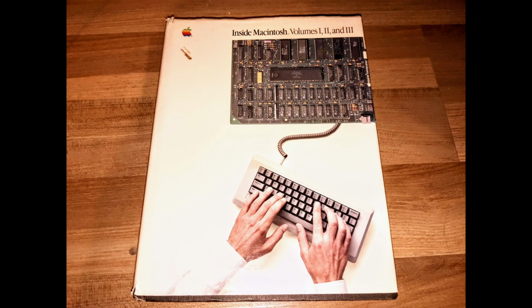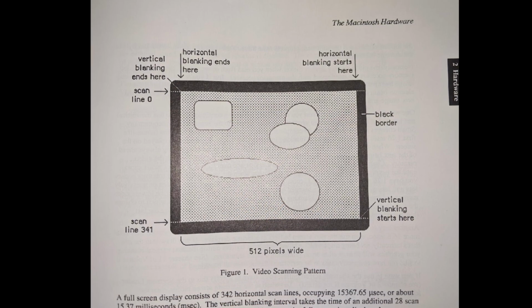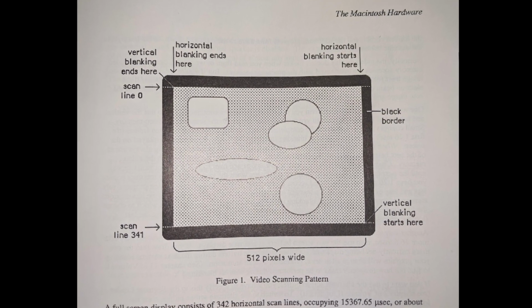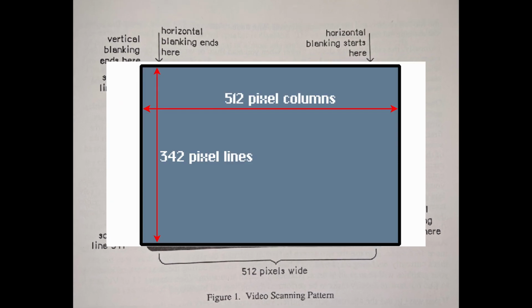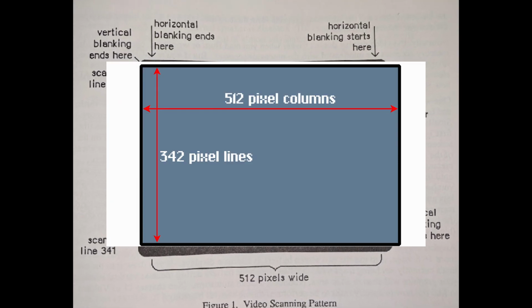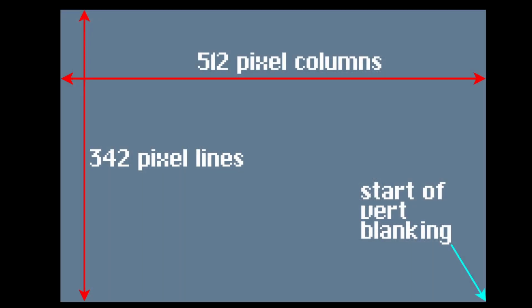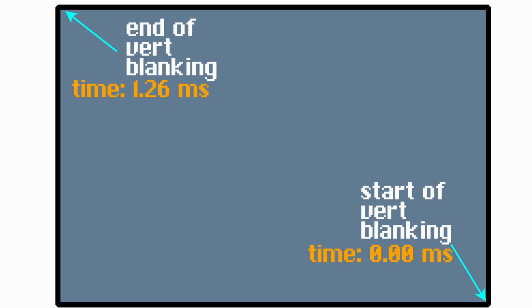According to my Inside Macintosh book seen a minute ago, this is how a full screen refresh is set up in order to draw all 342 lines of viewable graphics of 512 pixels each. Assuming you start at 0 seconds in the bottom right corner right after the last pixel has been drawn, the monitor starts to generate a vertical blanking refresh interrupt.